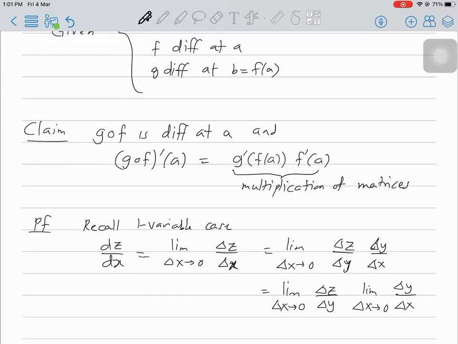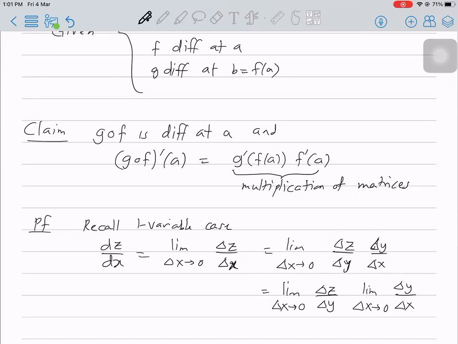Except what do I have to justify over here? Delta y equals 0. You see that the second limit is perfectly good. It is the derivative of y. But the first limit, I want to say that it's the derivative of z as a function of y, but the limit is taken as delta x approaches 0. So you have to explain why I can replace that by delta y.